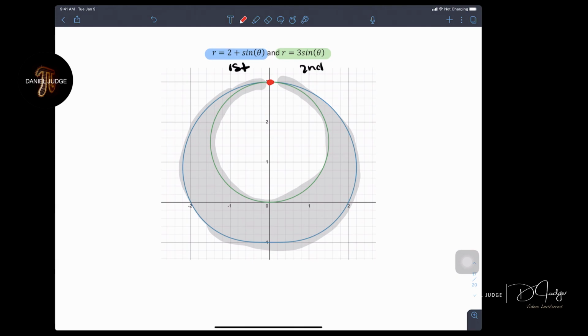So if we set the curves r equals 2 plus sine theta and 3 sine theta equal, let me show you what I'm talking about. You get 2 plus sine theta will equal 3 sine theta. We don't have space, but we'll do the work down here.